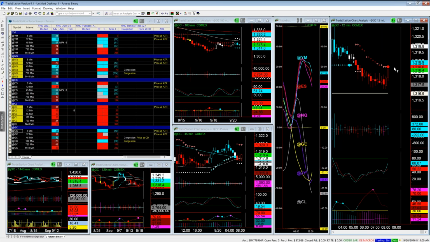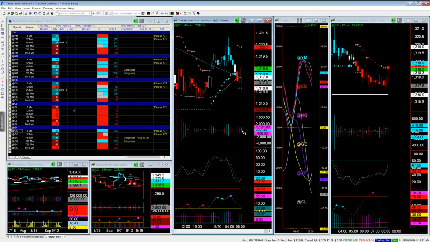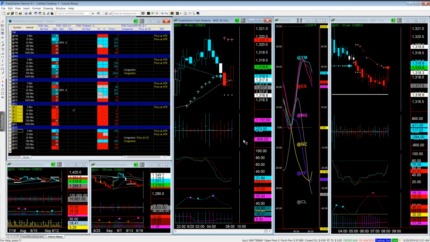Okay, on gold, you're coming back to an ATR. This would actually be a potential entry point, except just off the bat, I see that the 45-minute is at this congestion dot. And if I extend this out, do you see how buyers are coming in right now? That wouldn't be a good trade to take right now, because buyers are coming in.